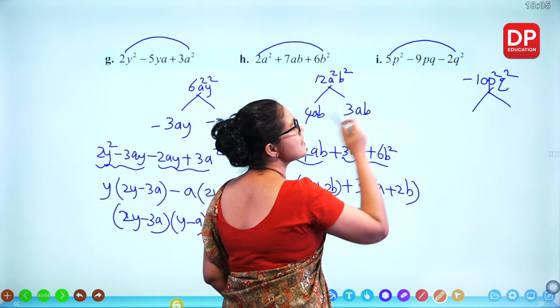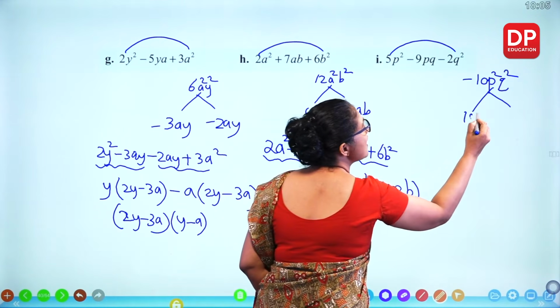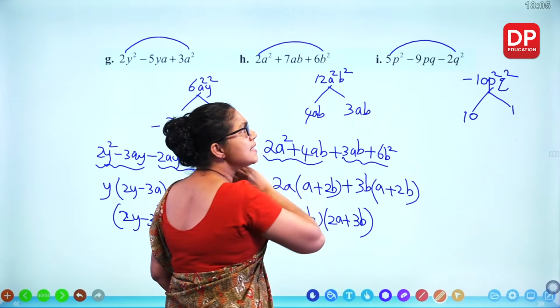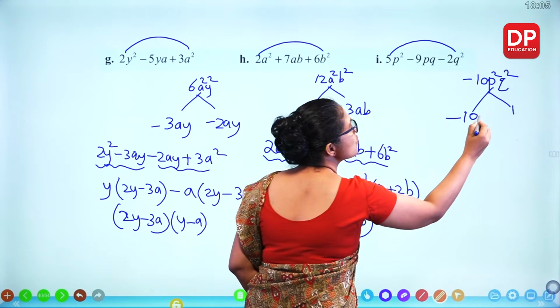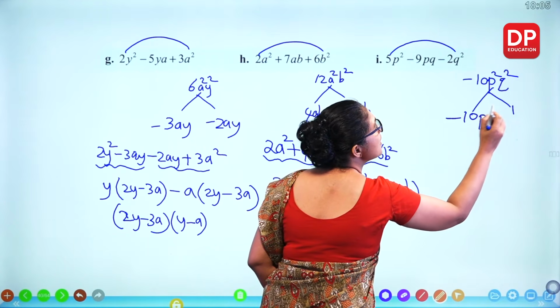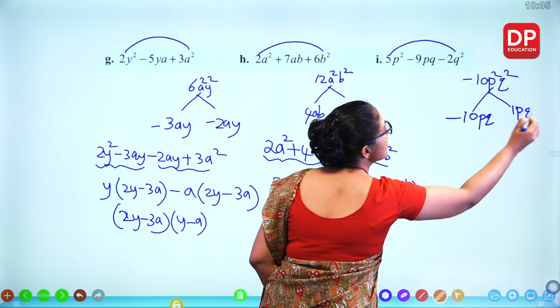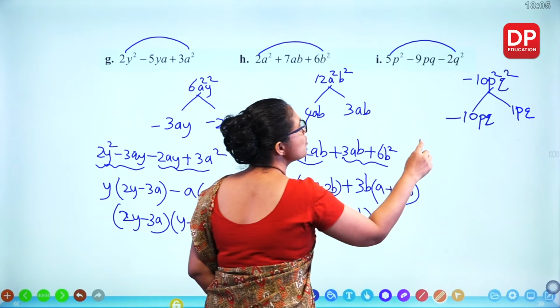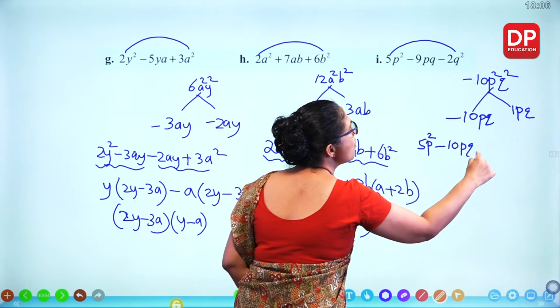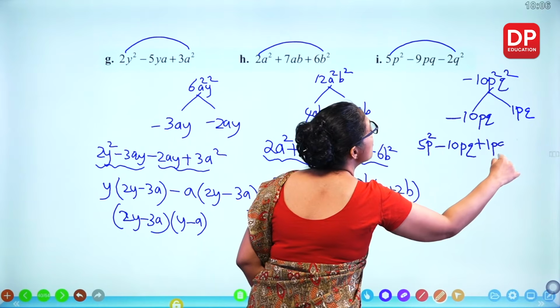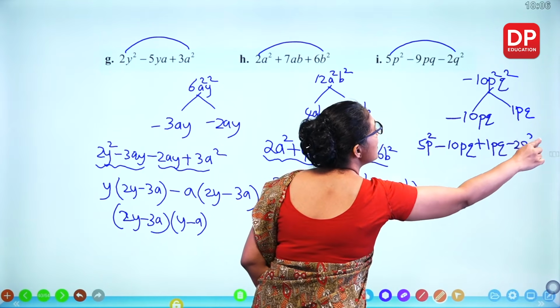What are the factors of minus 10? 10 and 1. The middle term is minus, so the larger number should be minus. So here minus 10pq and 1pq. Split the middle term to 5p squared minus 10pq plus 1pq minus 2q squared.